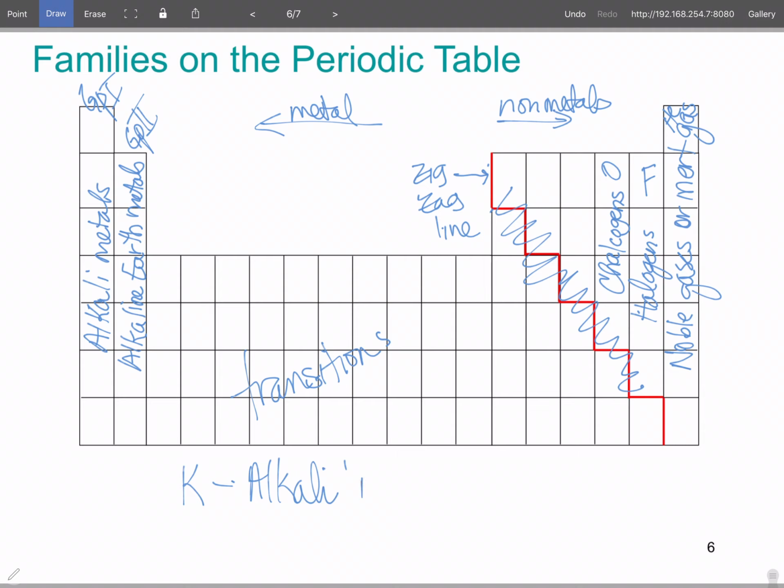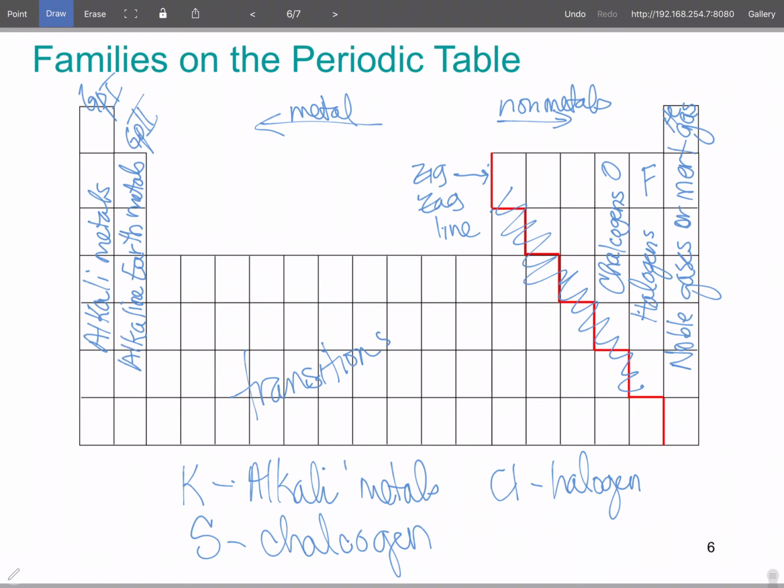On the other hand, sulfur is a chalcogen. Chlorine, if you look at where it's arranged, is a halogen. Krypton is a noble gas.